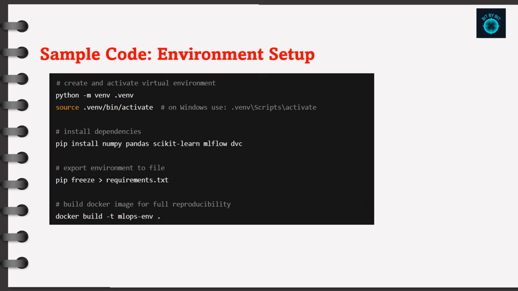This ensures anyone can recreate the same environment by installing from that file. Finally, we use Docker to build a reproducible image. The output message confirms that our Docker image, named MLOps-env, has been successfully built. With this, your MLOps environment is isolated, consistent, and ready for deployment.